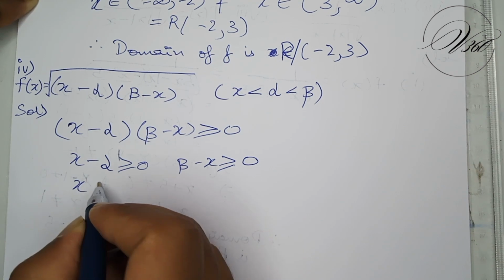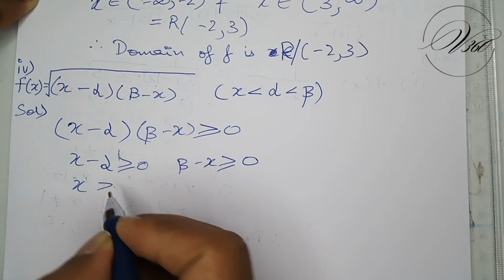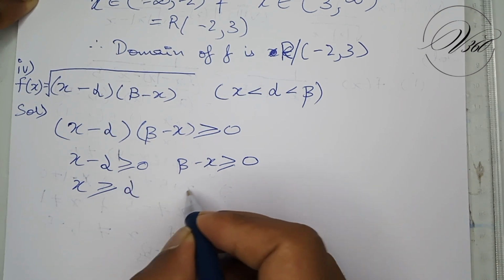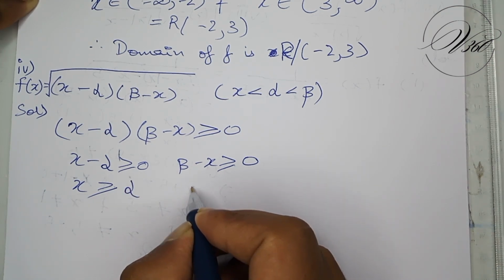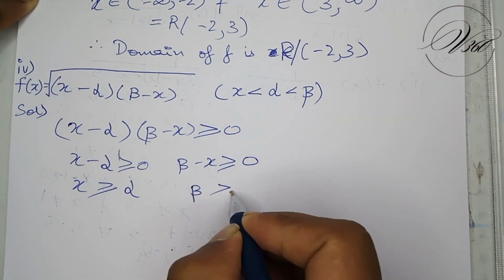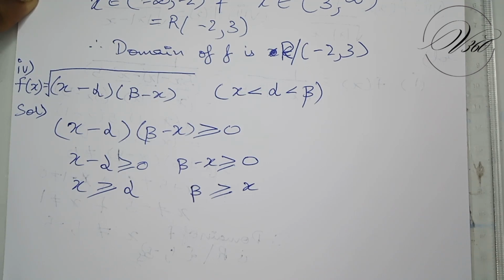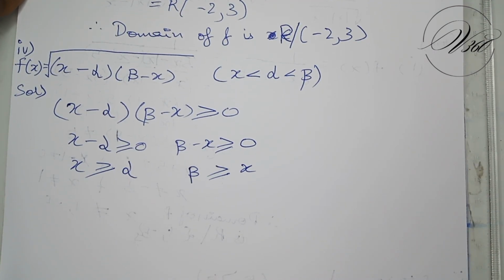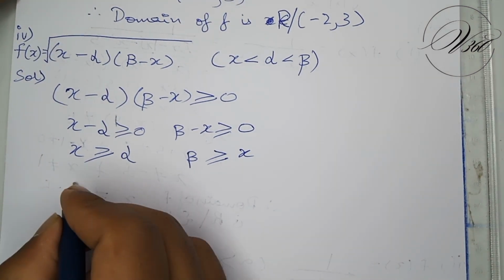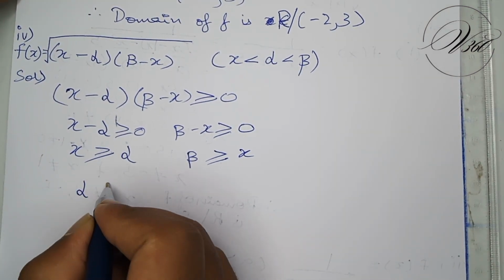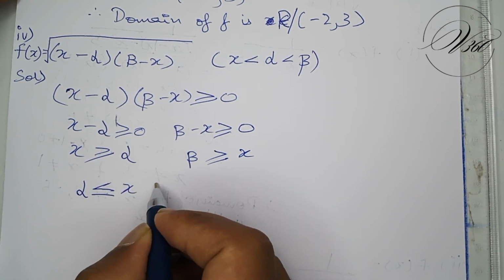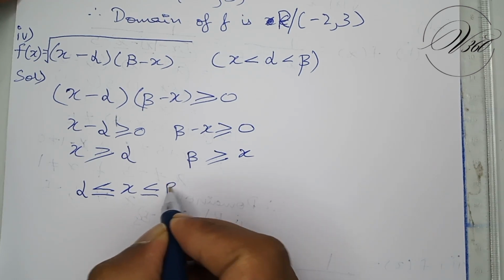We can take x greater than alpha and beta greater than x. Now here we will get alpha is less than or equal to x and x is less than or equal to beta.